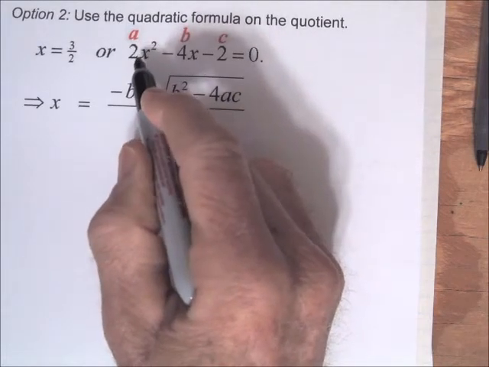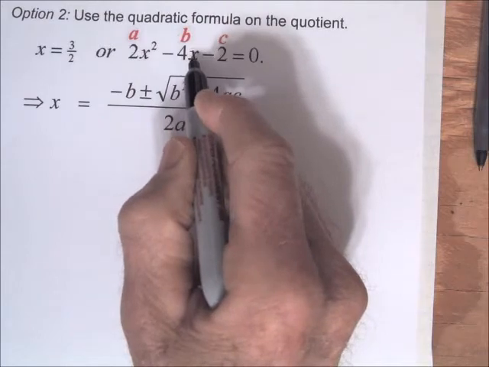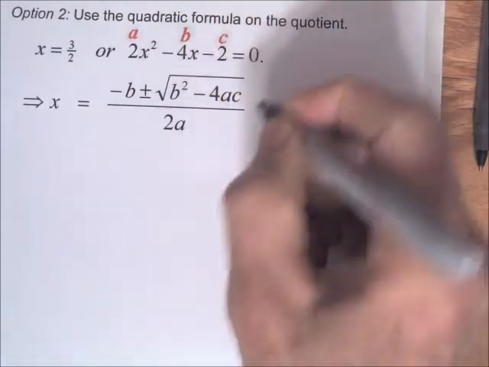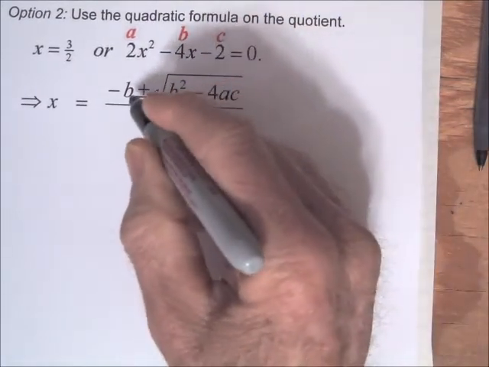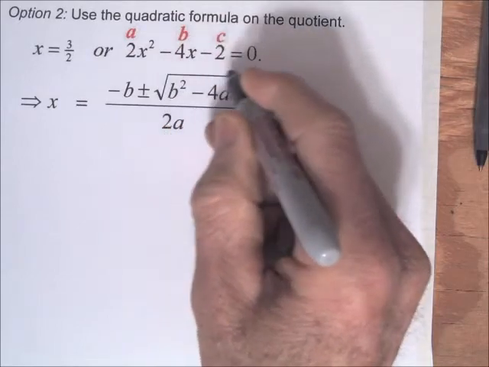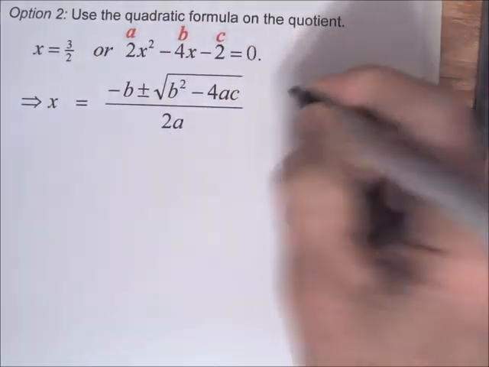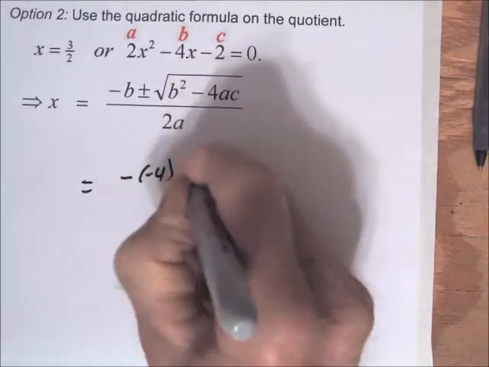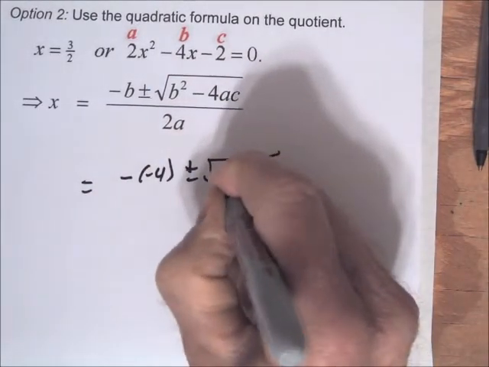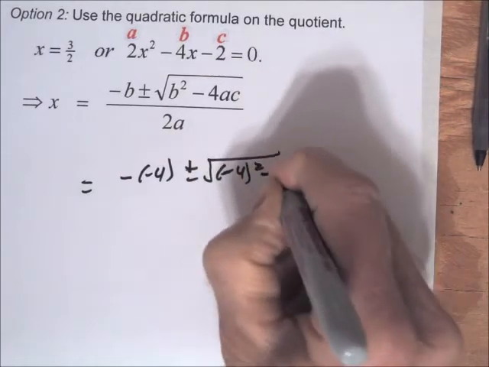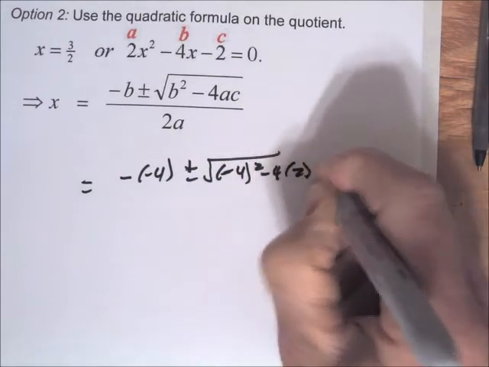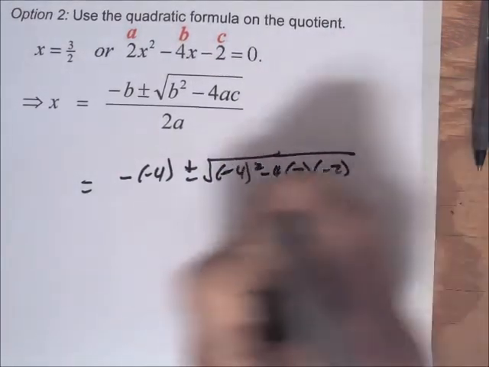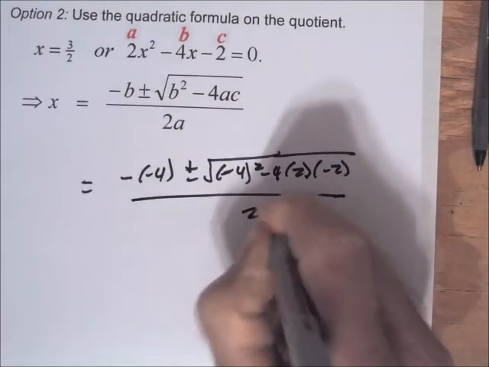A is the coefficient of x squared, b is the coefficient of x, c is the number by itself. The quadratic formula: x equals minus b plus or minus the square root of b squared minus 4ac, all over 2a. So this is minus a negative 4, plus or minus the square root of negative 4 squared minus 4 times 2 times negative 2, all over 2 times 2.